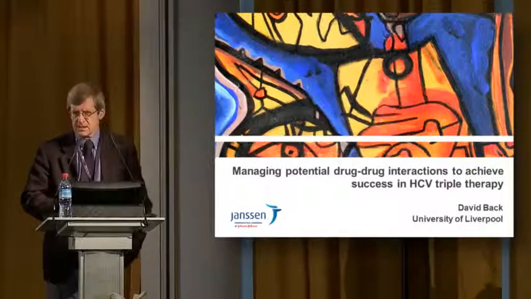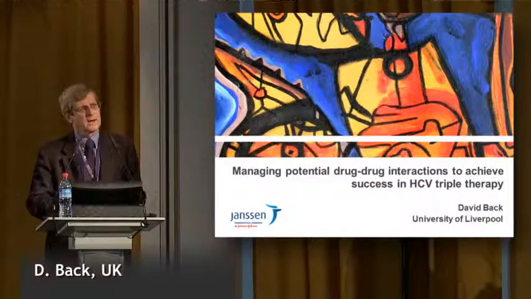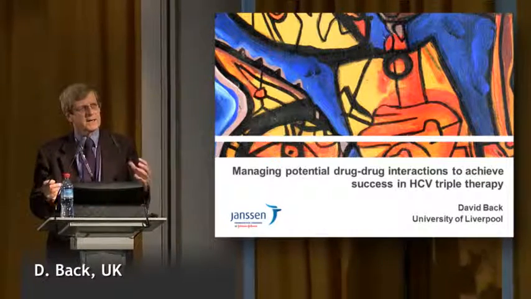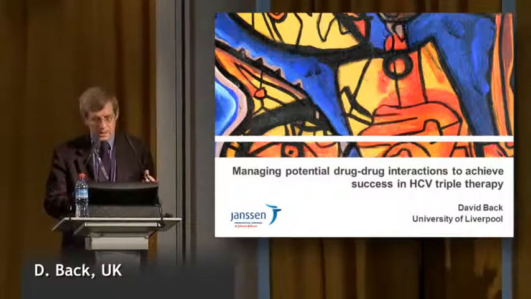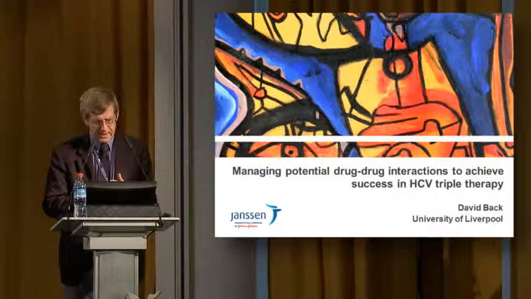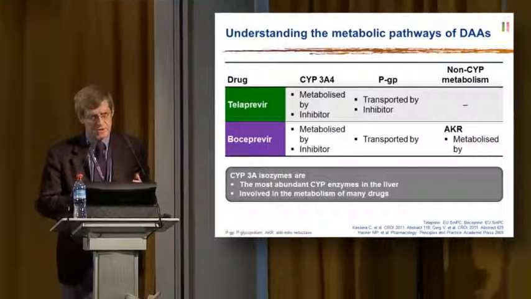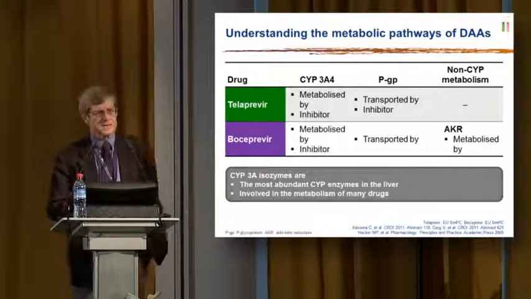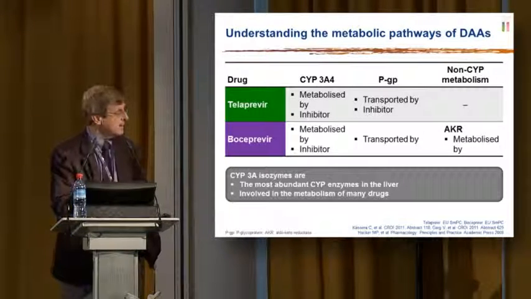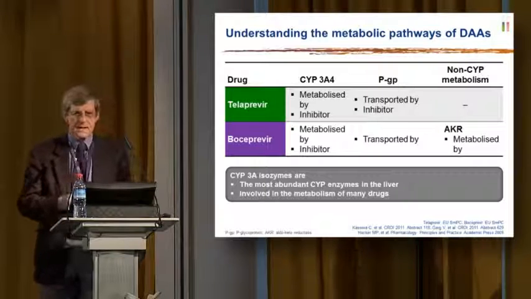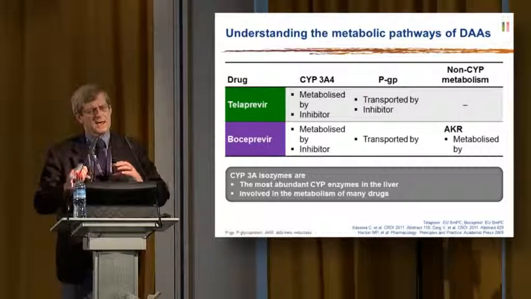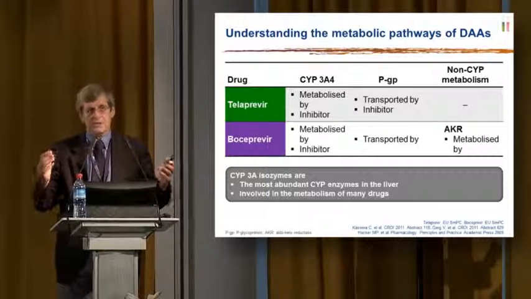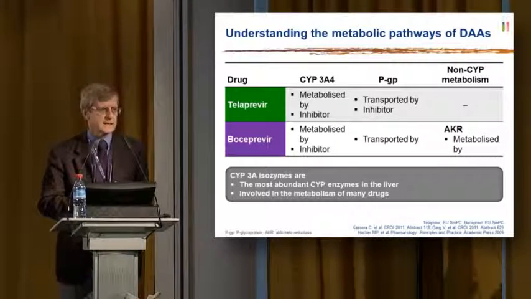So my task is to try to really impress the impact that drug interactions can have and the way that we can manage those drug interactions. I showed you yesterday that one of the key features of both telaprevir and boceprevir is the fact that they inhibit one of the key enzymes in the liver which metabolizes a lot of the drugs that a patient may be taking.